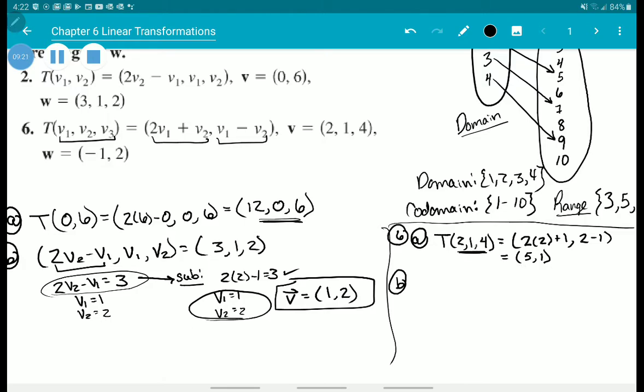That's your image. That's what this guy looks like under that transformation. It takes something from R3 and it goes into R2. Now they're asking us in part B to find the pre-image. So if we were to apply this transformation, we're going to get the vector negative 1, 2. So set up a system.